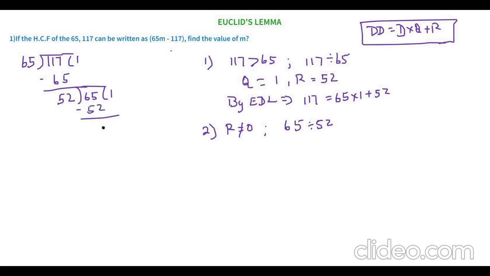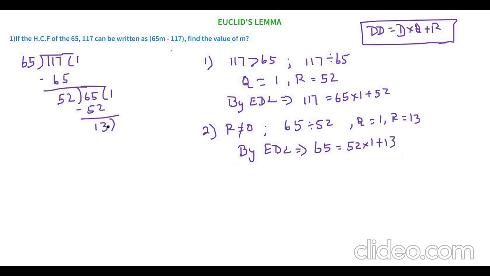Let's subtract it again. So we get 13. Our quotient is 1 and our remainder is 13. So by Euclid's division lemma, we first write our dividend: 65 equals 52 times 1 plus 13.